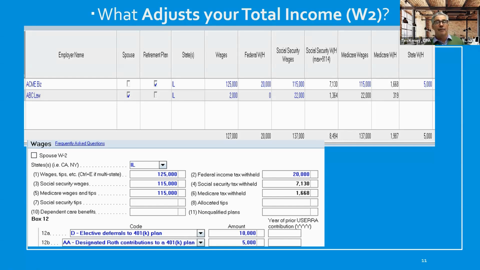If the deferral is into a Roth 401k, that Roth is subject to income tax, and that would be included. In my adjustment example for a business owner, health insurance would get added to box 1 wages and subject to federal and state income tax, but for the adjustment that is in the same dollar amount. So you get to take that deduction in that case.